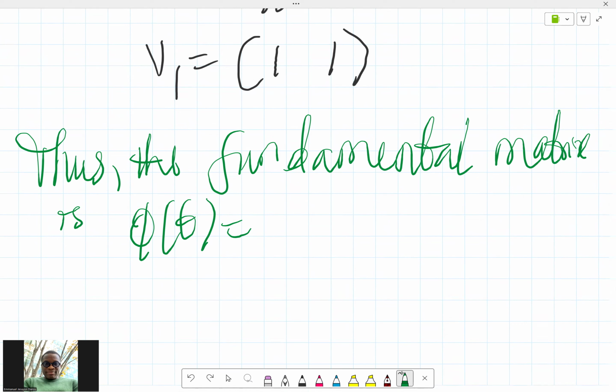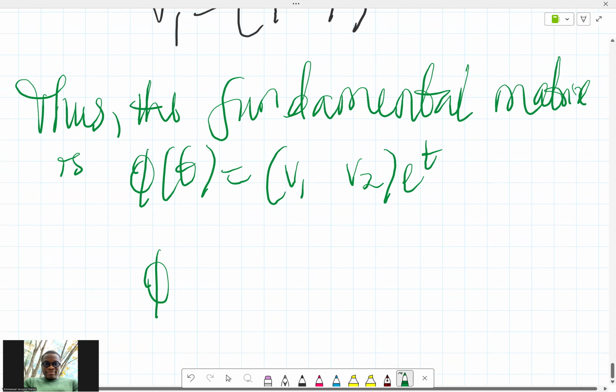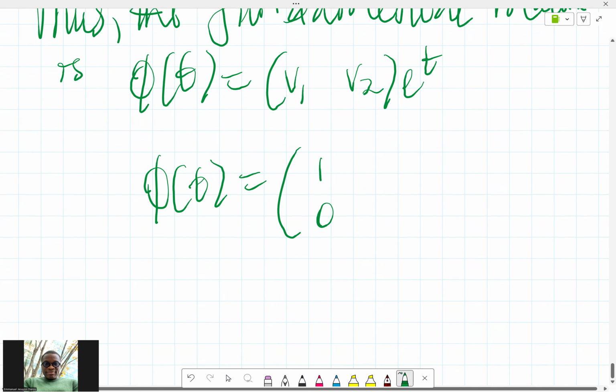Okay, let me do it this way. So that's just like we said the other time, right? We talked about the solutions. So it's more like we have V1, V2, e raised to power t, something like this. So that means that phi of t is equal to V1 is 1, 0, V2 is 1, 1, then 1, 1, right?